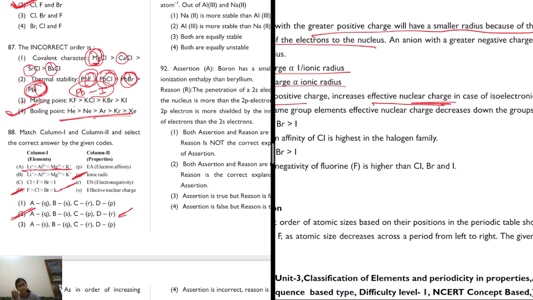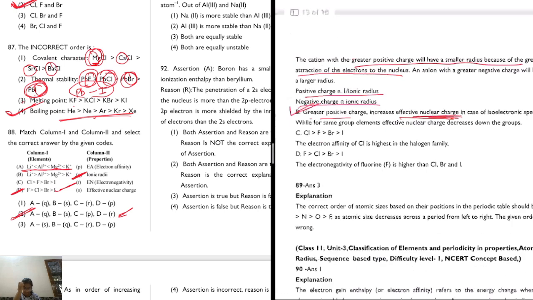The ion becomes smaller as electrons are lost, so the nucleus can easily have its effect on it, giving a more effective nuclear charge in isoelectronic species. For the same group, effective nuclear charge decreases down the group because size and shells increase.